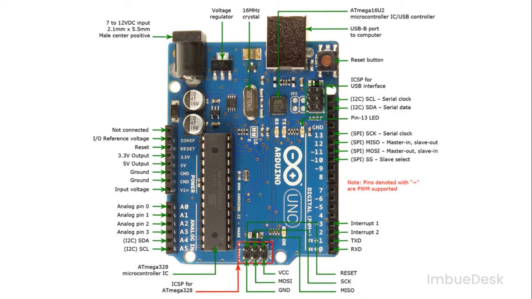Pins 10, 11, 12, 13 are used as slave select, master out slave in, master in slave out, and serial clock, which are the four main components of the SPI, that is Serial Peripheral Interface Protocol. Pins 0 and 1 are used as RX receiver and TX transmitter that are used to transmit data.